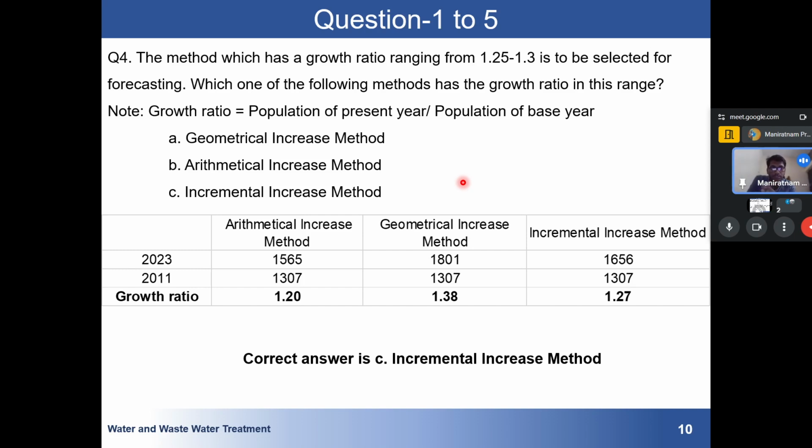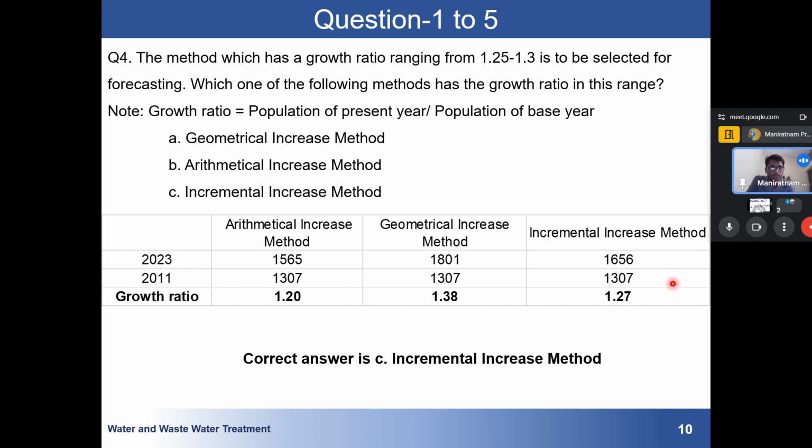The growth which is being seen currently follows logarithmic growth. I will be explaining that in the next slide. But still, we are using conventional methods, and out of those methods we generally rely on the growth ratio for designing our parameters.